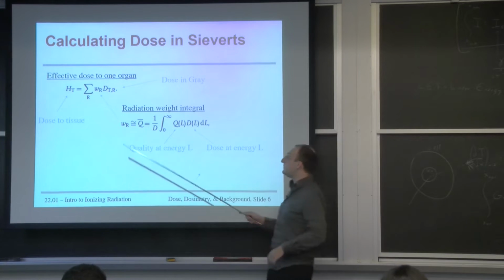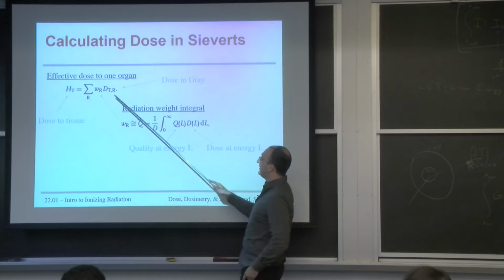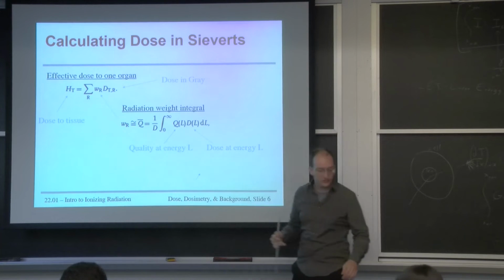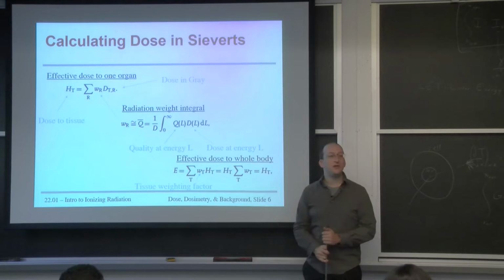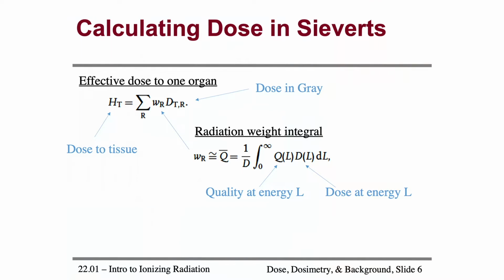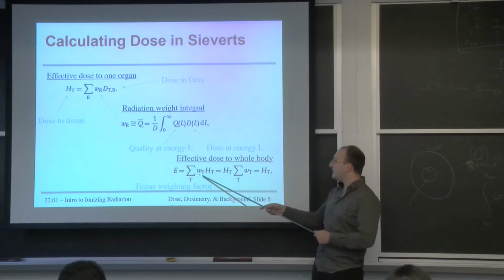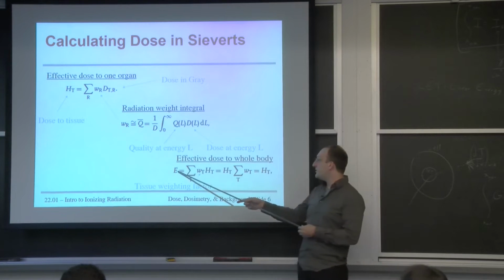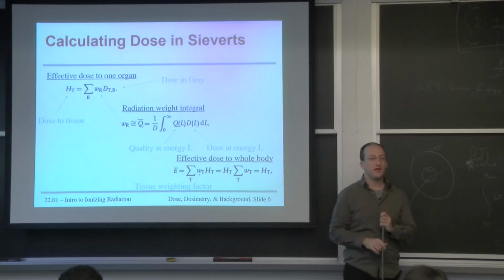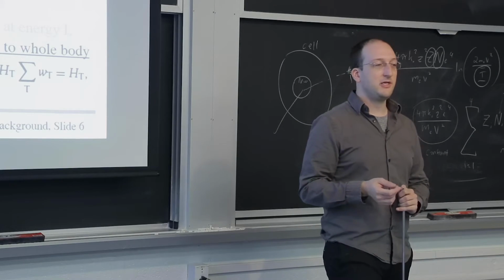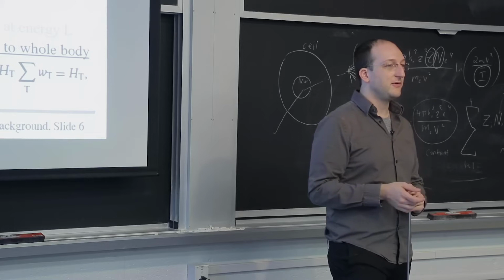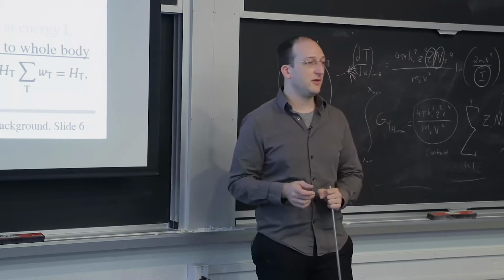You then take these weighting factors, plug them into your dose to tissue, and sum up all the exposures to different tissues. So each tissue will have its own dose in sieverts. It'll have its own tissue weighting factor. You sum up all the tissues exposed, and you get the total effective dose to the whole body. This means that some organs incur dose faster than others for the same radiation exposure.